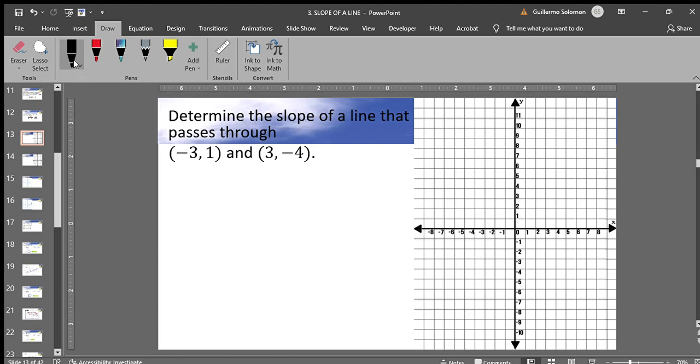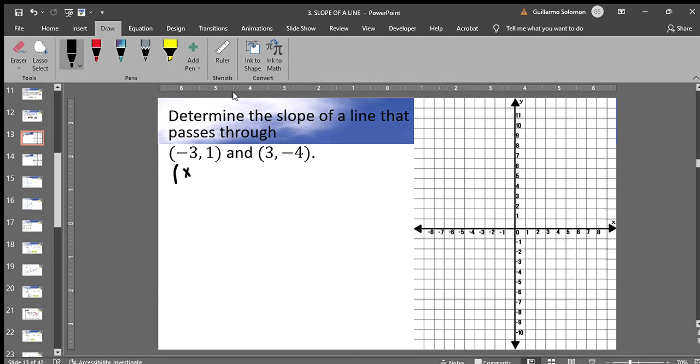Okay, first, let us label our given. Given the 2 points, we need to identify our slope. So let us define our given.